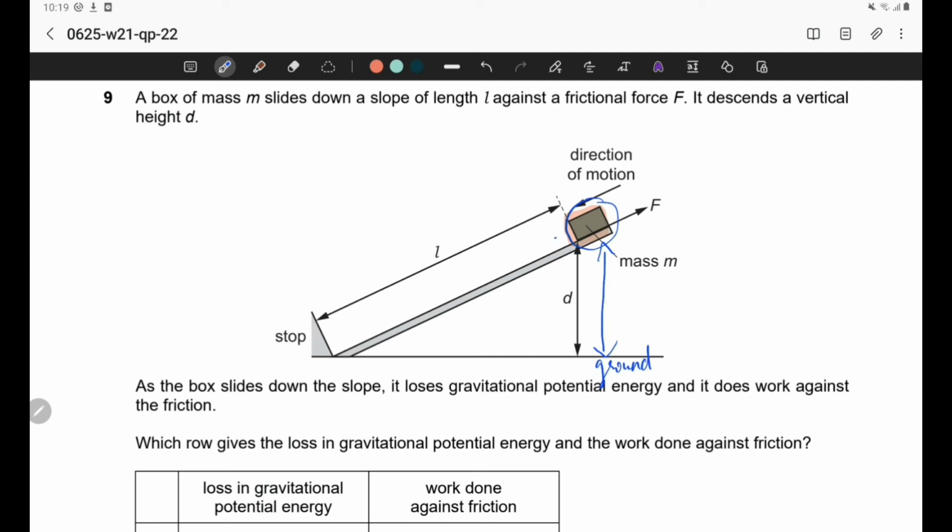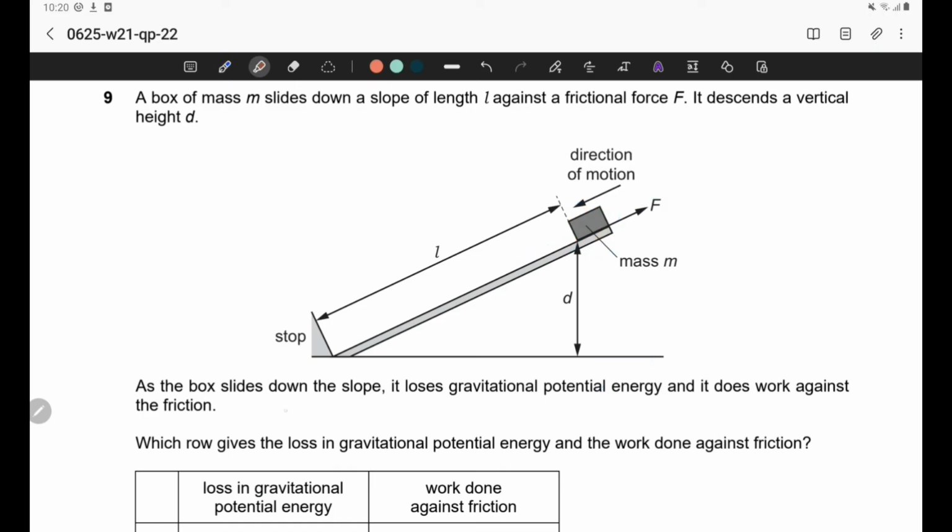When this box slides down, there is a frictional force acting in the opposite direction, which is given. The frictional force is in the opposite direction of the motion of the box. These are the important pieces of information given in this question about the motion of the box.